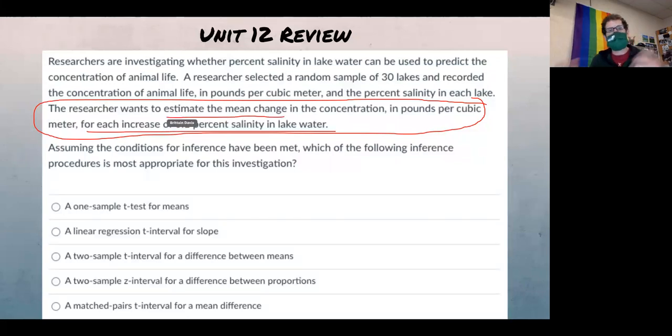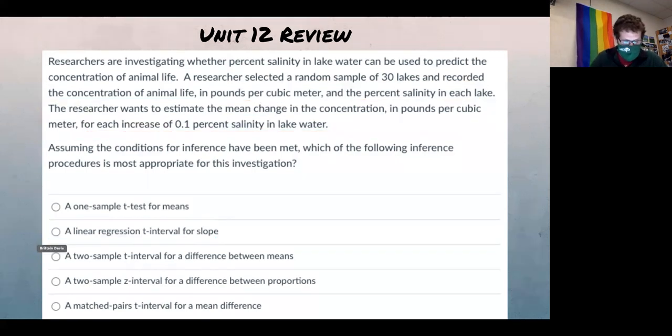So the linear regression inference, this is the only one where we're drawing inference about a rate of change, the slope of a line. With everything else, it's a difference of means, it's a difference of proportions, it's kind of an absolute quantity, and this is more of a rate that we're looking for. So that's going to be your giveaway on the real test.